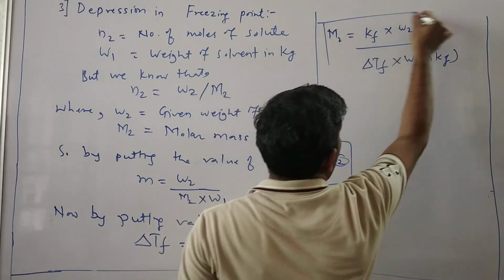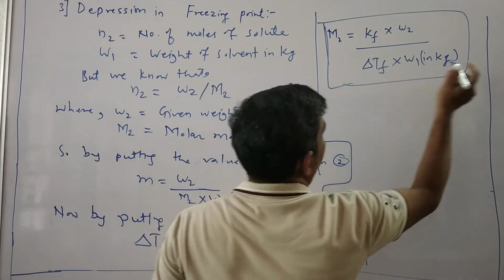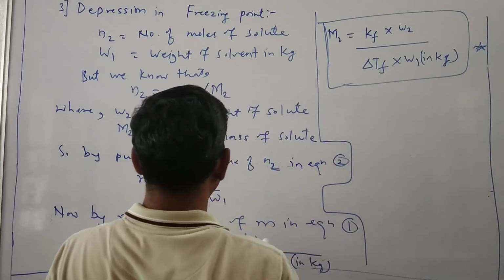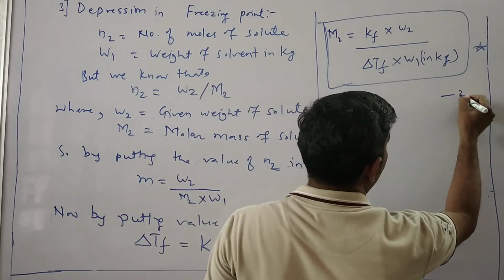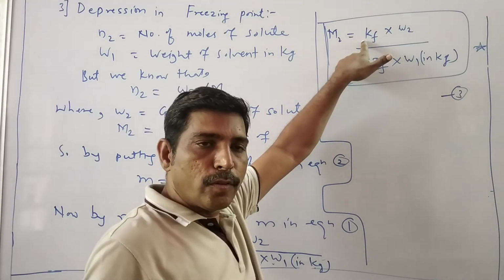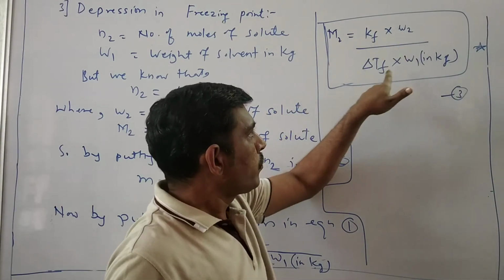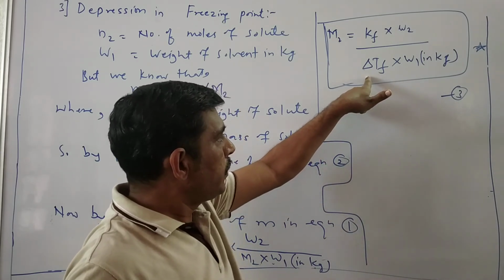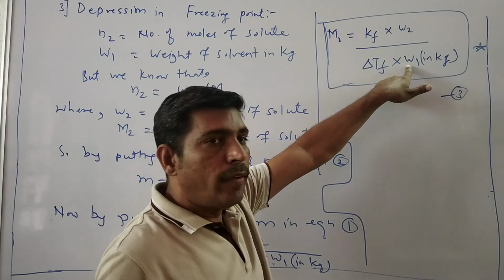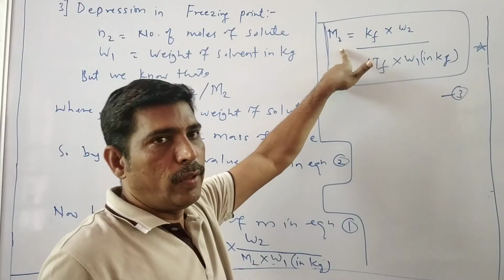So this is our star equation, equation number 3. If you know the value of Kf, the cryoscopic constant of solvent, the weight of solute, the depression in freezing point, and the weight of solvent in kg, then we can easily calculate the value of molar mass.